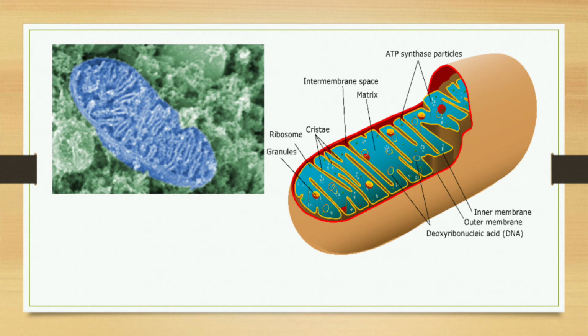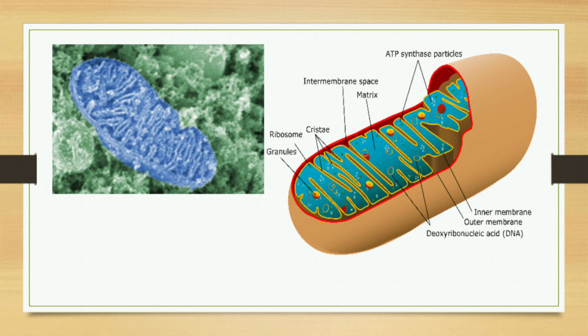See the folding in this picture showing mitochondria. Its inner membrane is projected inwardly, that we call cristae. Okay, understood?